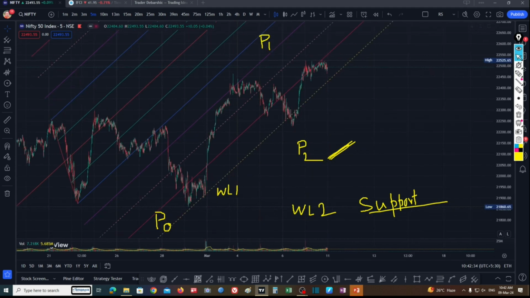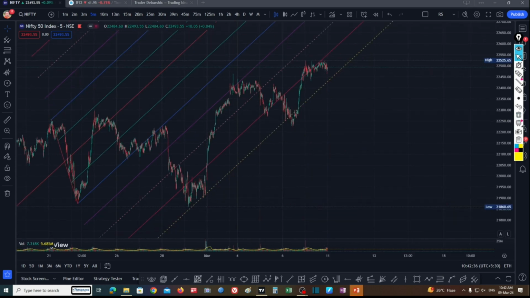It will not reach the median line. So once again it took the support over here. So based on that analysis, we can think this line is working as a strong support area.